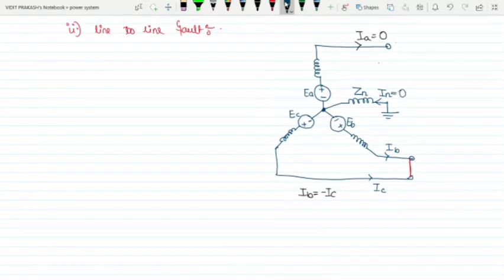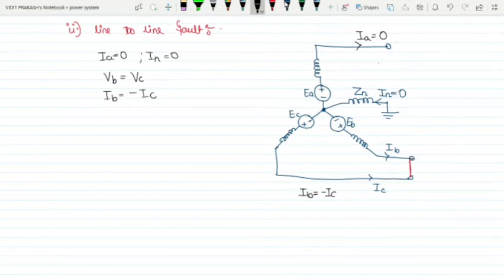Now the conditions we got here are that IA is equal to 0 and IN is equal to 0. What about voltage? The voltage VB will be equal to voltage VC, right? Because these two got short circuited. And what about current IB? That is equal to minus IC.